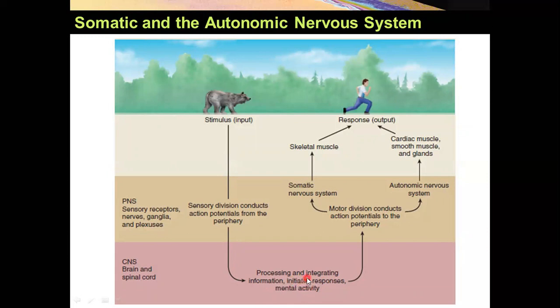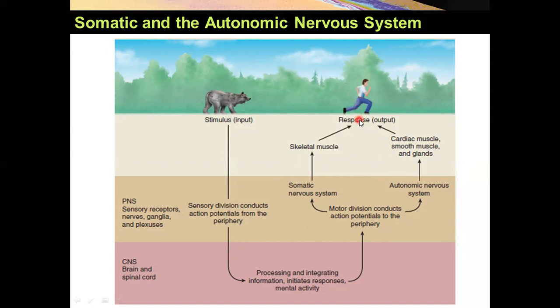Through these responses and mental activity, or the efferent outputs, the motor divisions of the autonomic and somatic nervous systems are activated. Activation of the somatic nervous system activates the skeletal muscles. Through activation of the skeletal muscles, we can run away or fight back.